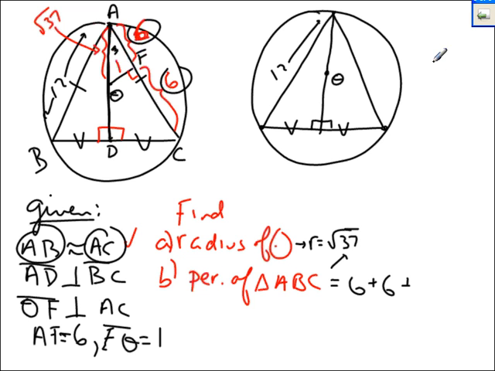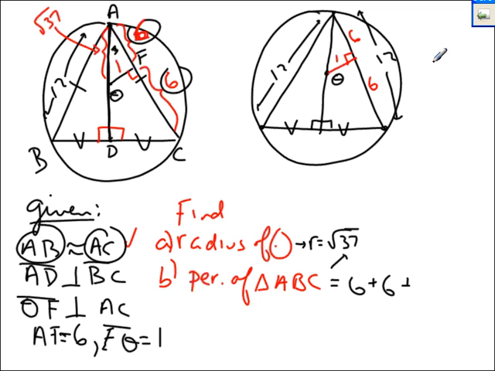I now know that's 12 and this is also 12. But if I go like this, I know this is 6 and that's 6.